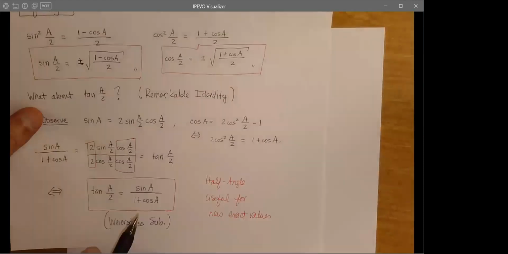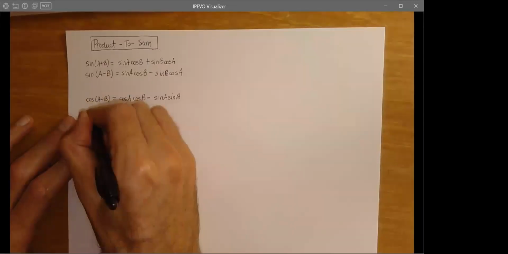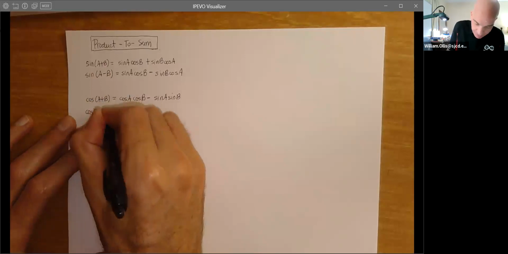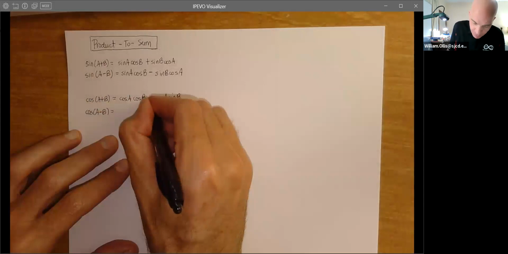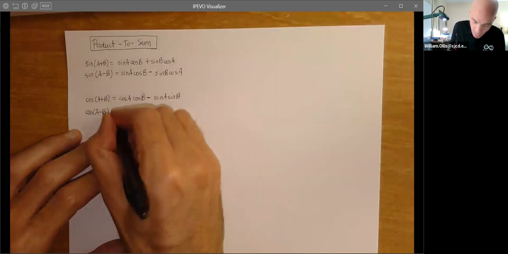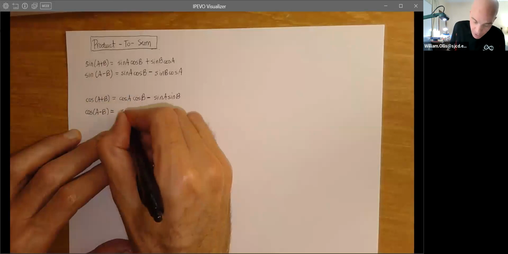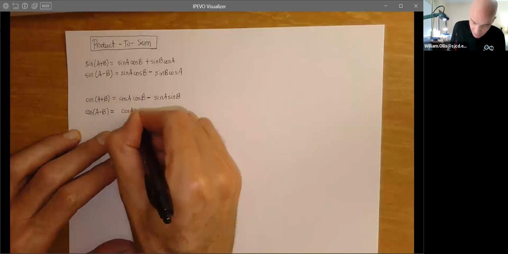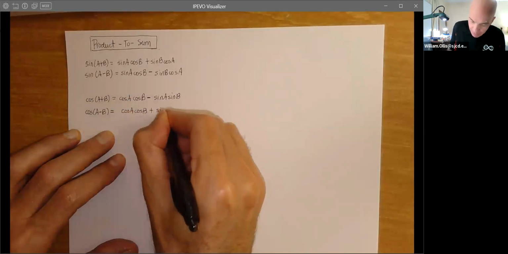Okay, if I go too fast, let me know. Cosine A minus B. Yeah, the end of the class, it gets a little bit more demanding, but it's only because we're putting a lot of ideas together. So we have cosine A cosine B plus sine A sine B.